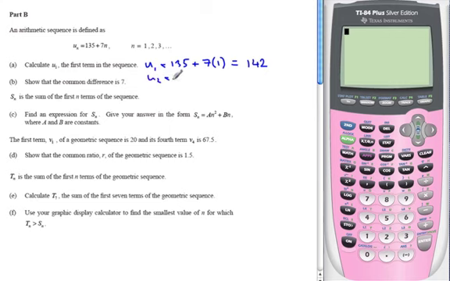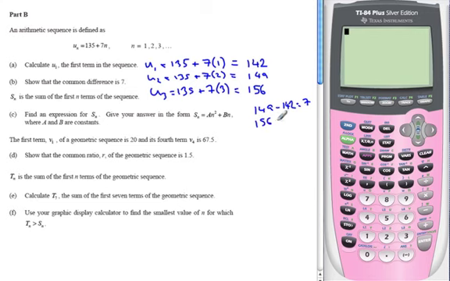So U2 equals 135 add 7 times 2, which is 149, and then U3 equals 135 add 7 times 3, which is 156, and we could just show that 149 minus 142 equals 7, and we should show a second one as well. 156 minus 149 equals 7 for D equals 7. I think that would be enough to give us the mark there.